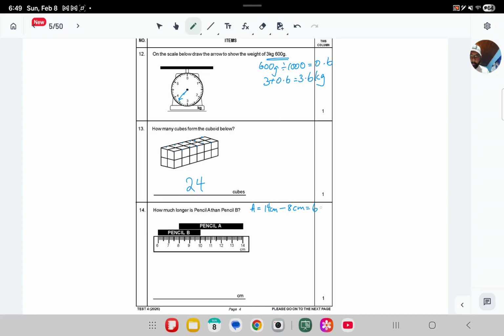So therefore that is 6 centimeters. Then for B, it ends at 10 centimeters and it began at 6 centimeters. And 10 take away 6 is 4 centimeters. They said, how much longer is pencil A than pencil B? So 6 cm take away 4 cm will give us 2 centimeters. Alright, so it is 2 centimeters longer.